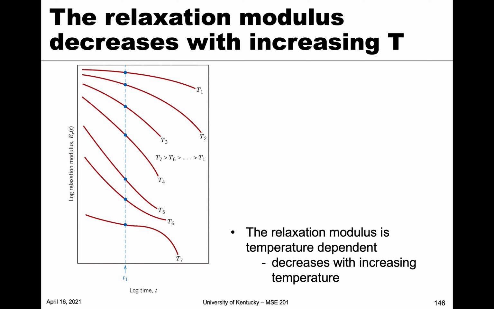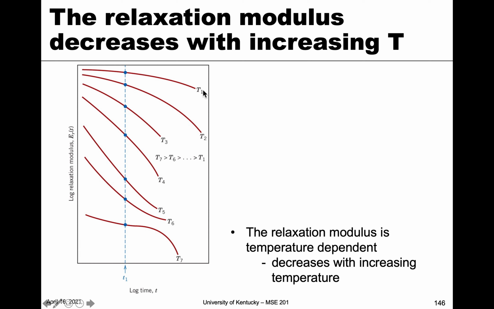All right, so we've just seen that the relaxation modulus can decrease with increasing temperature. So it has this temperature dependence just like we saw here. And this is showing you the relaxation modulus, but the log of it, so huge differences in those. And all of these are at different temperatures.